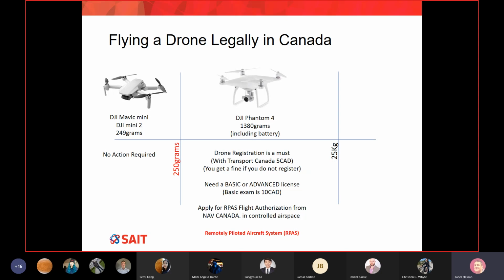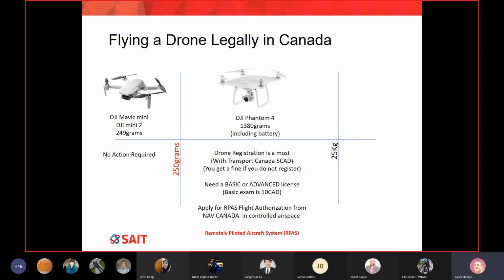Probably it will harm itself before it harms anyone. And so we say, okay, we're fine. If you want to fly any drone less than 250 grams, including the battery, then no worries. Don't do anything. No action required.